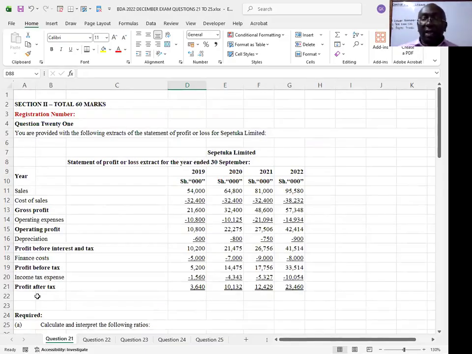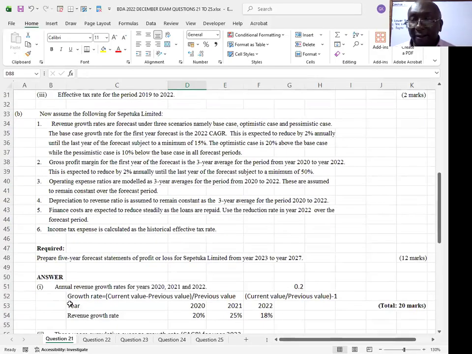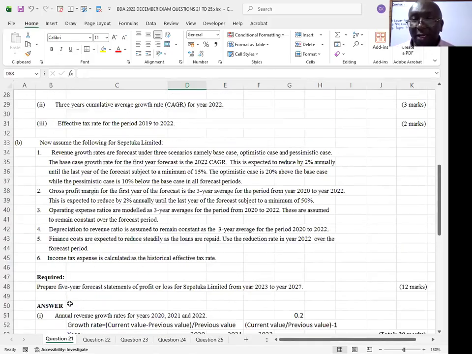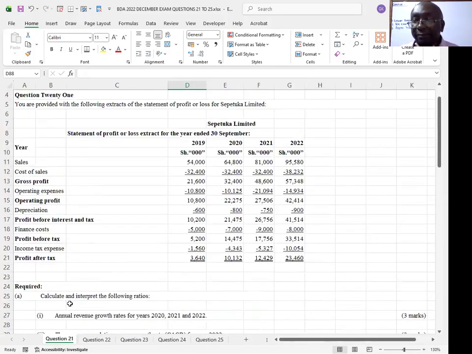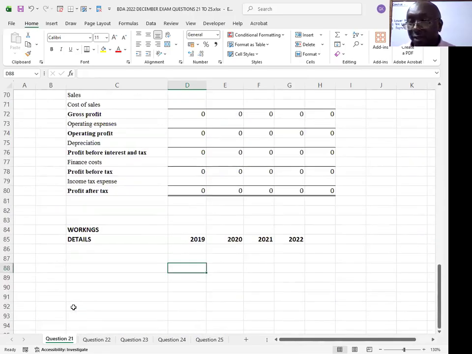Okay. Sasa tukuje hapa tumeambiwa the base case growth rate for the first year forecast is 2022 CAGR. 2022 CAGR. Itabidi nimerudi to what I was avoiding.